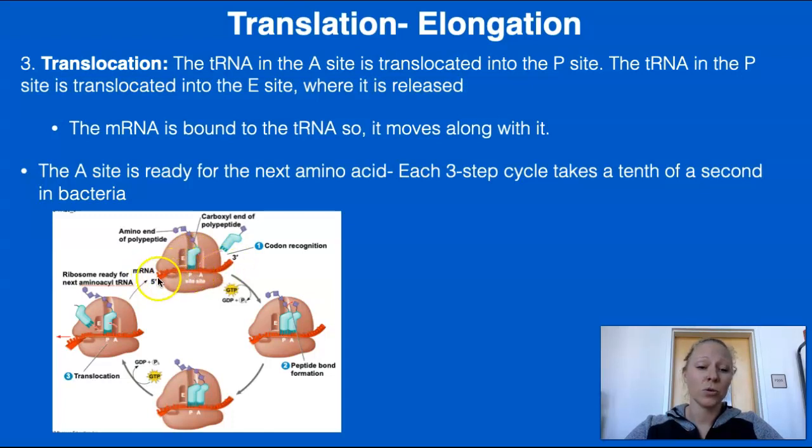So you're going to have this sort of growing out strand of mRNA coming out this side as the tRNAs attach on. And this whole set, so when an A site is ready for the next amino acid, each 3-step cycle is going to take 1/10 of a second in bacteria.